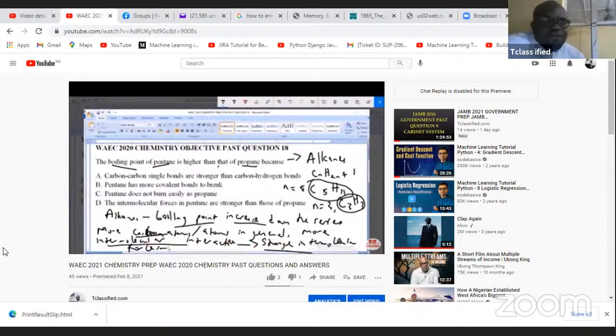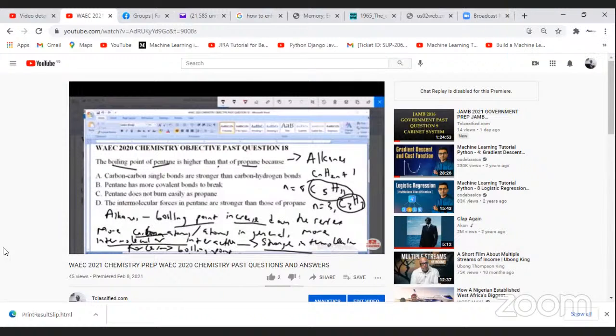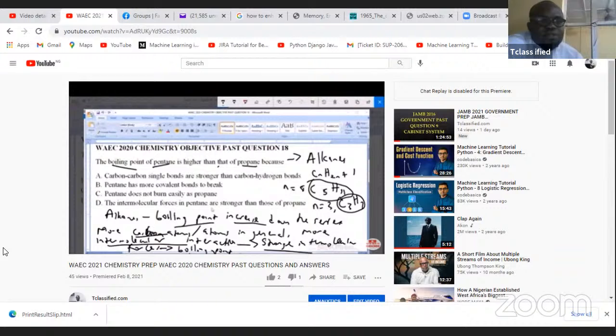You're talking about 5, while propane is 3 carbon atoms. Pentane is 5. Butane is 4. So the higher the carbon atom number, the higher the boiling point, because the intermolecular forces holding those carbons will increase.